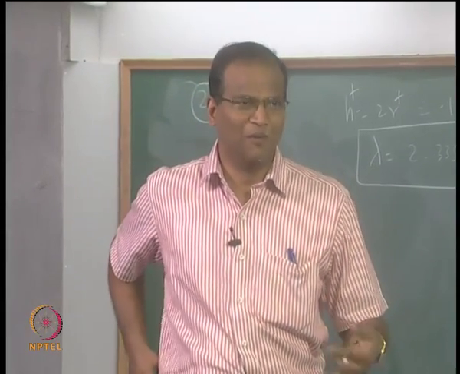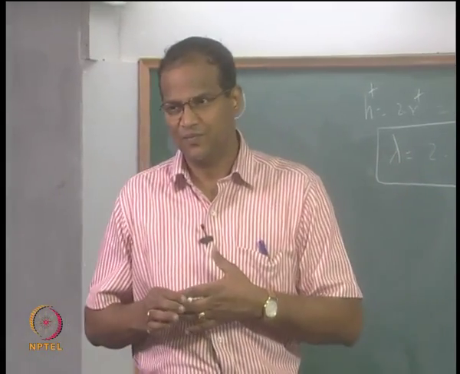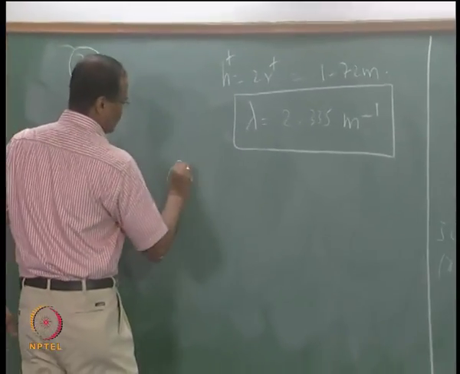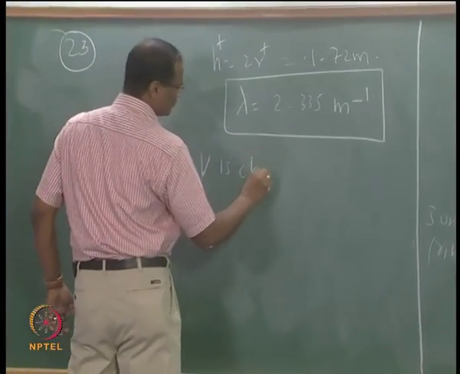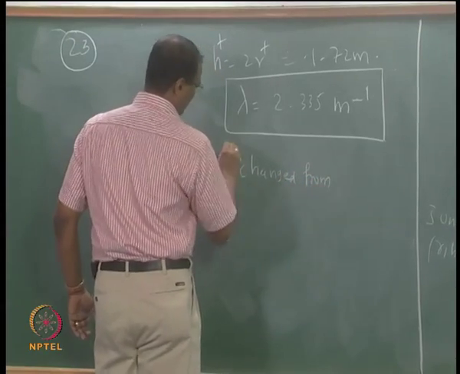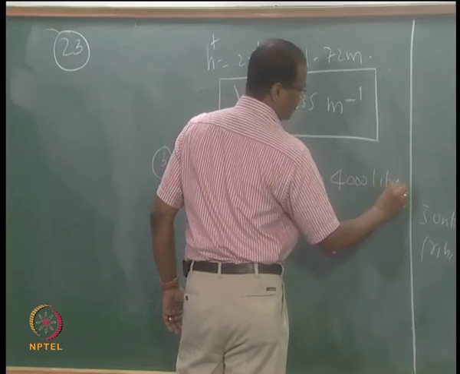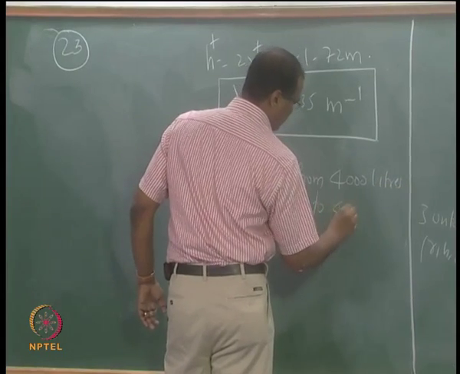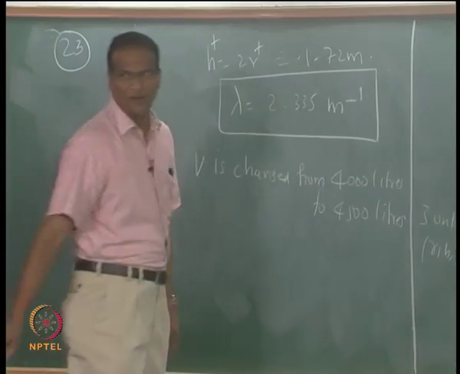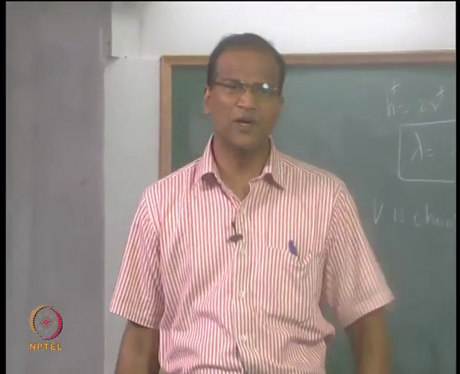I am not giving problem number 25. 24b, suppose we change, okay. So, suppose V is changed from 4000 liters to 4500 liters, what happens to the solution?